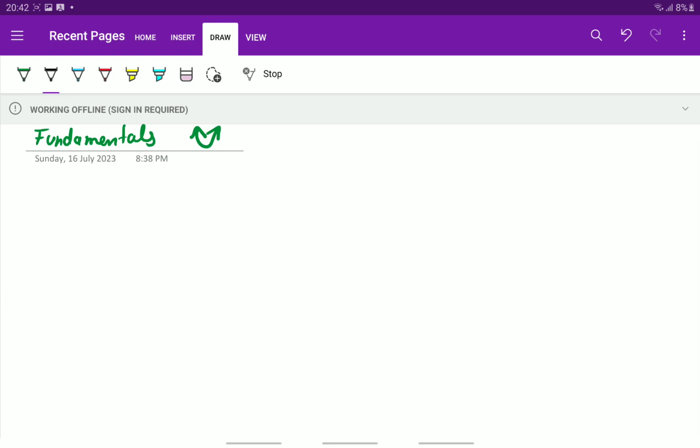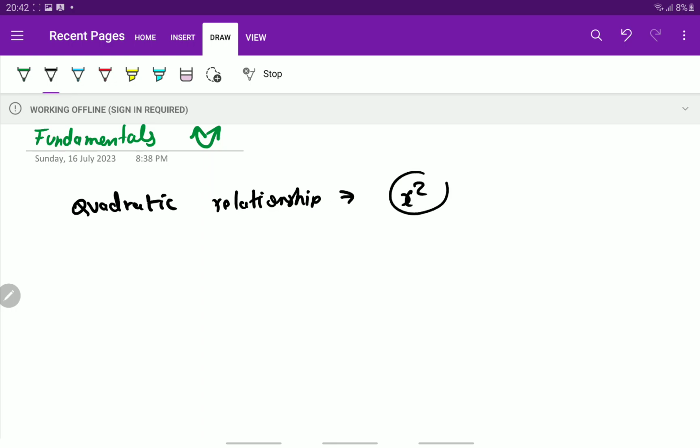A parabola is a graph of a quadratic relationship where x to the power 2 is the highest power of x.